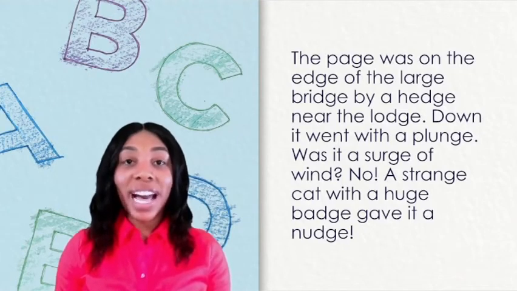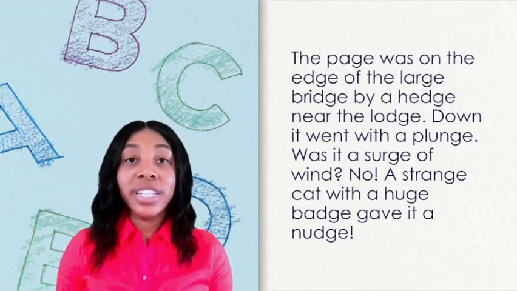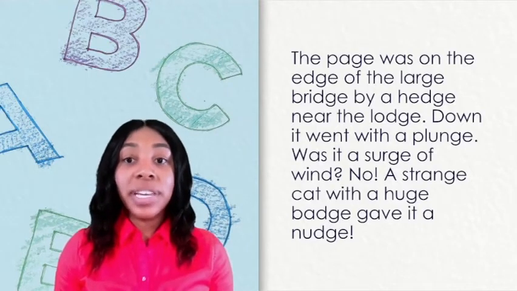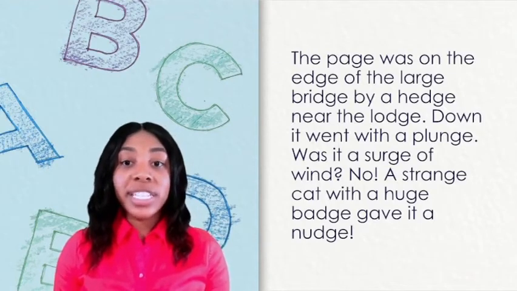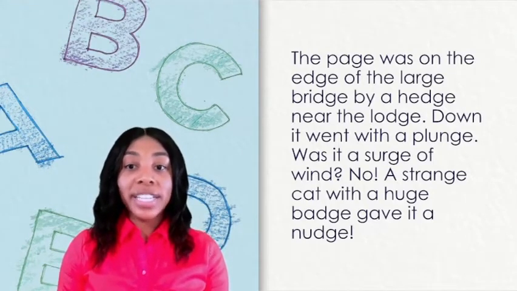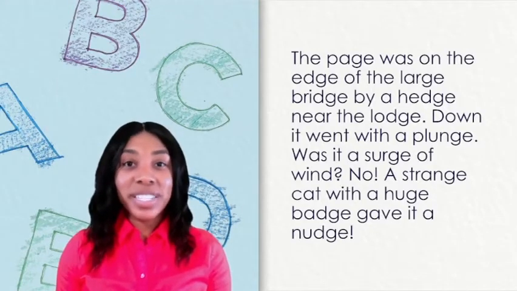The page was on the edge of the large bridge by a hedge near the lodge. Down it went with a plunge. Was it a surge of wind? No. A strange cat with a huge badge gave it a nudge. All right, let's look closely at a few words.